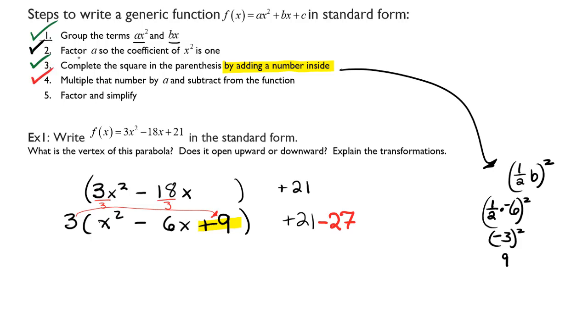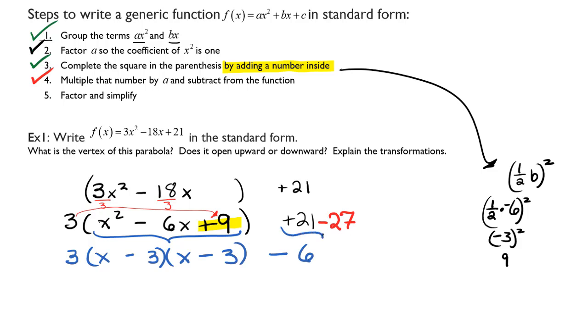Now I need to factor and simplify. What I actually completed in 3 is a perfect square trinomial, which means when it factors, both binomials inside will be exactly the same, and I can rewrite the whole thing as 3 times x minus 3 times x minus 3, minus 6 when I combine 21 and -27.